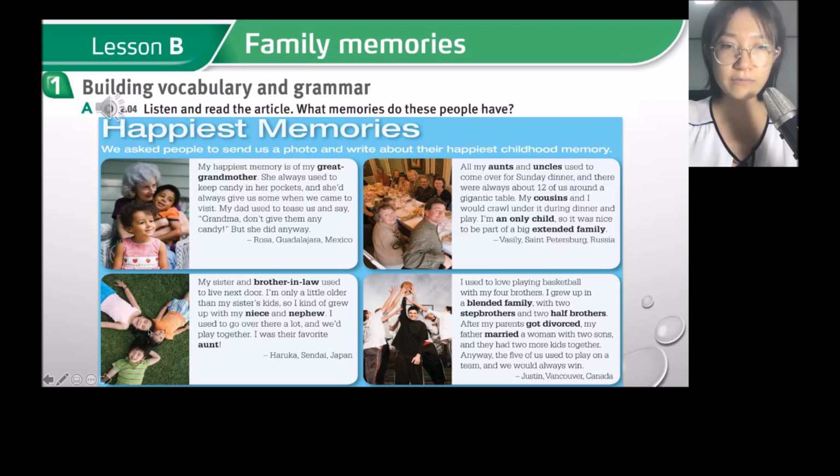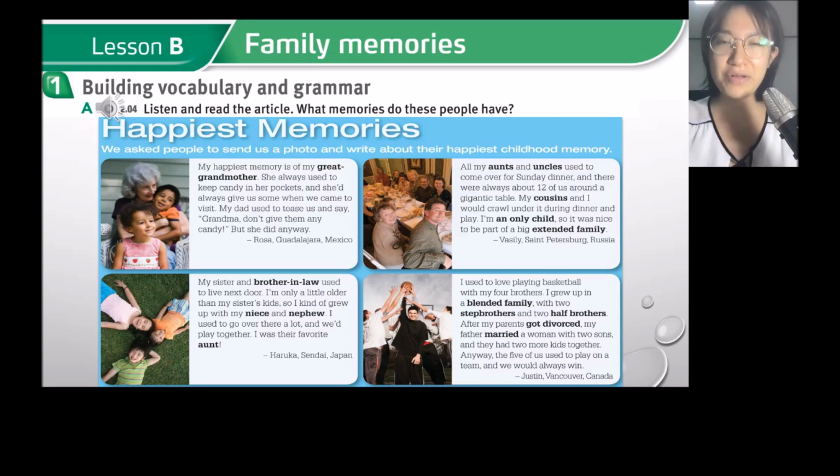In the third photo, you can see 3 little kids lying down on the grass, and maybe they are playing some games in the grass field. And in photo 4, you see some teenagers playing basketball on a basketball court. So it should be a story or memory about playing basketball together, right?